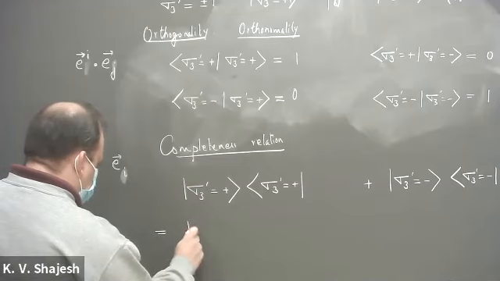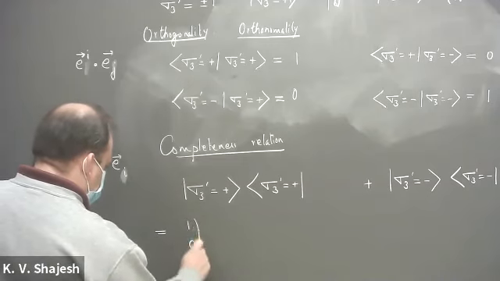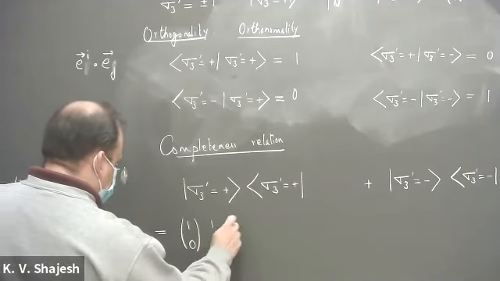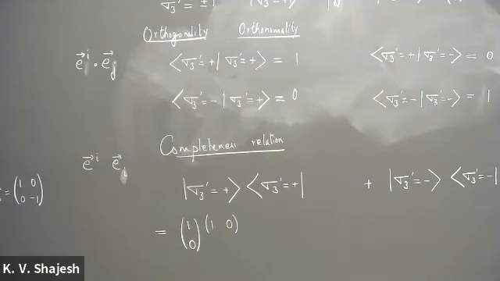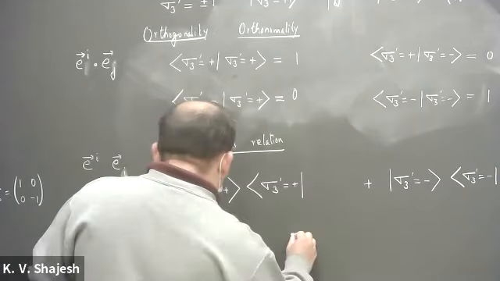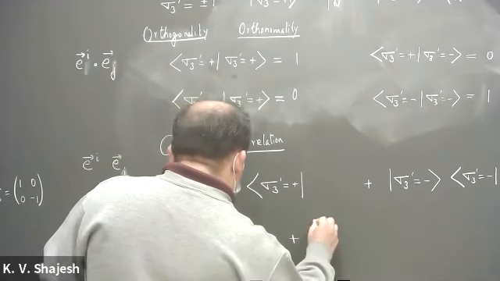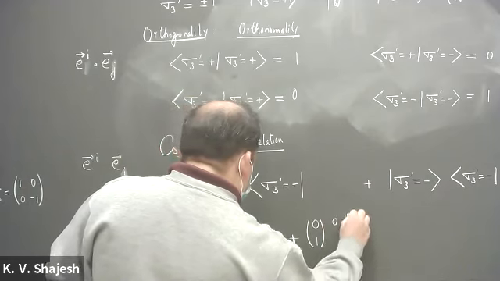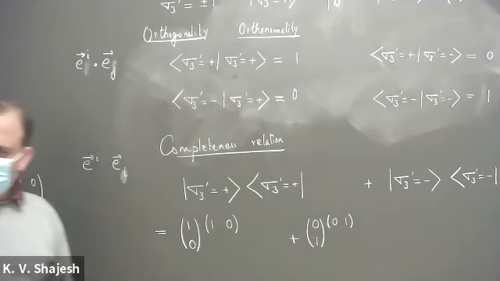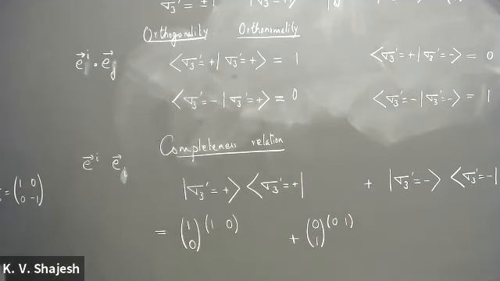So this is 1, 0, and 1, 0. That's the first one, that's easy. And the second one is 0, 1, 0, 1. Is that clear? What is the first matrix?